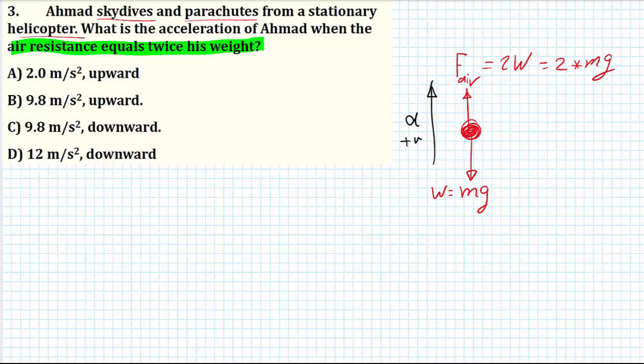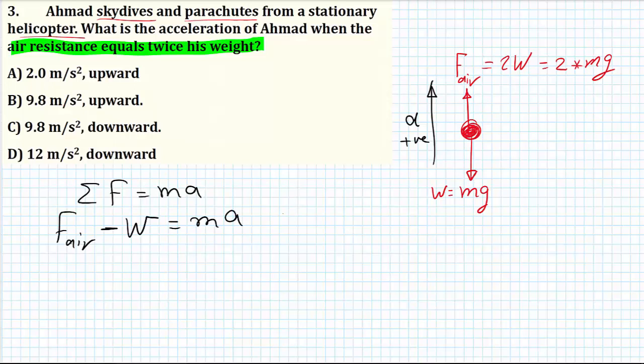Let's take it as our positive direction. Sum of the forces equals mass times acceleration. That means F air, the resistance of the air, minus the weight equals the mass of the object times the acceleration. The air resistance is 2 times m times g, minus the weight, mass times g, equals mass of the object times the acceleration of the object.